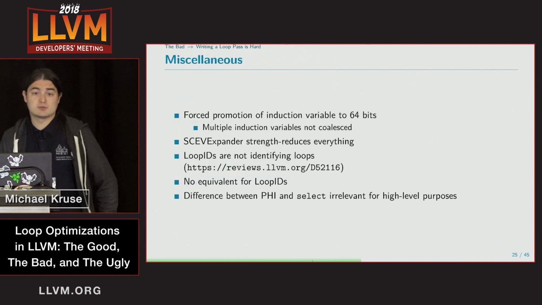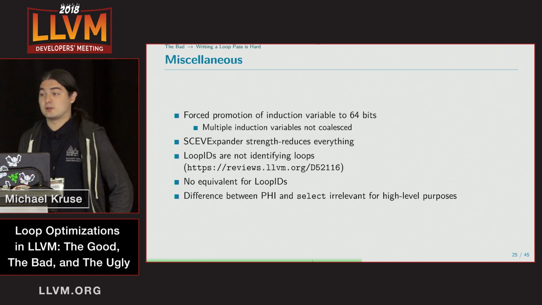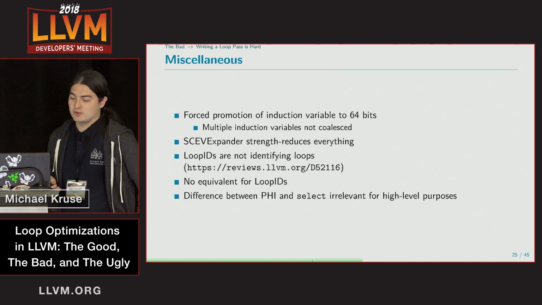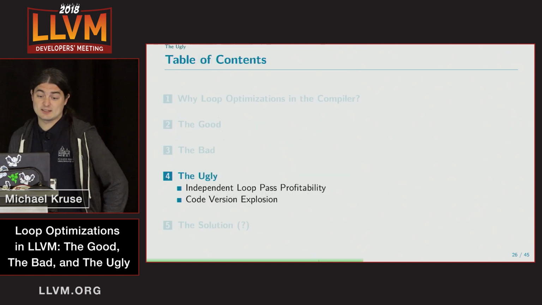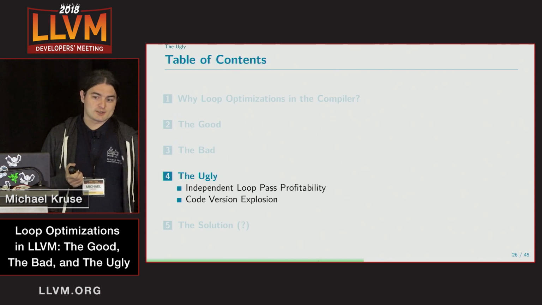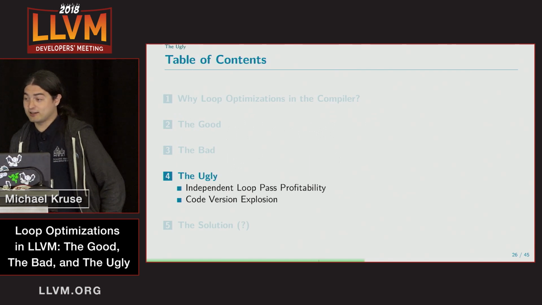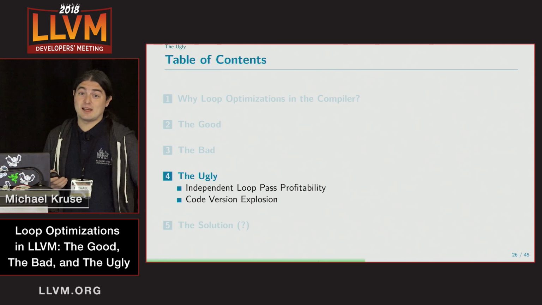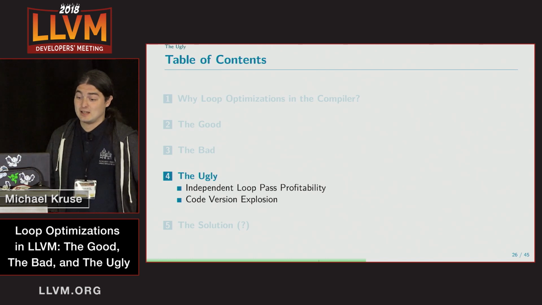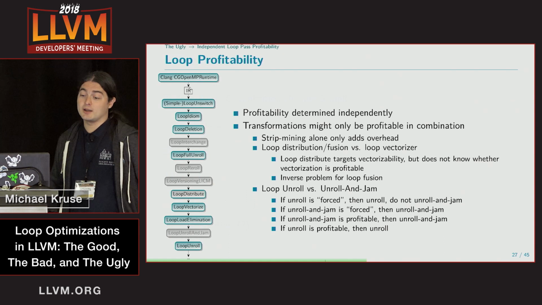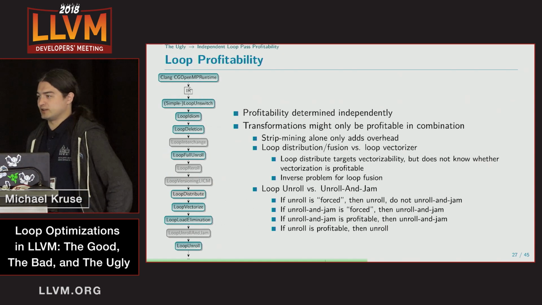There are some smaller issues as well, such as the induction variable already being promoted to 64 bits, even if it's not necessary. The next two things are ugly, and more difficult to handle than just fixing something in the current pipeline. One thing is the profitability.